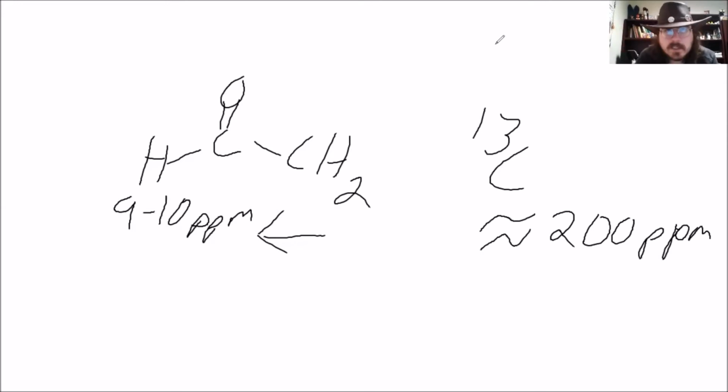Now, there's a way to tell the difference between them on that, but I'm not going to get into that nitty-gritty. But if you have a carbon-13 peak at 200 ppm or greater, you have some sort of carbonyl group.